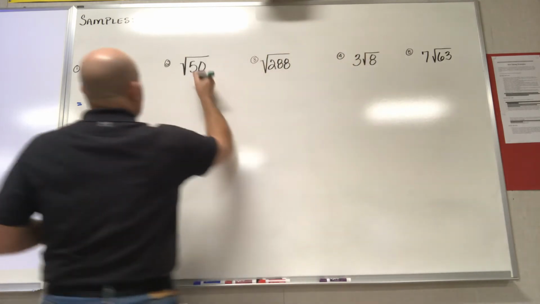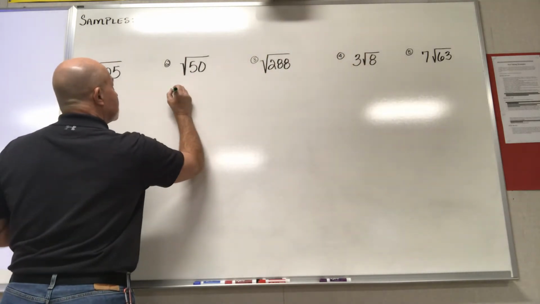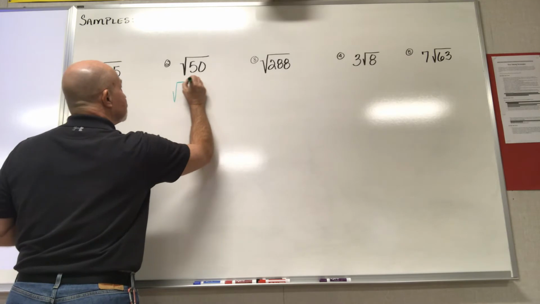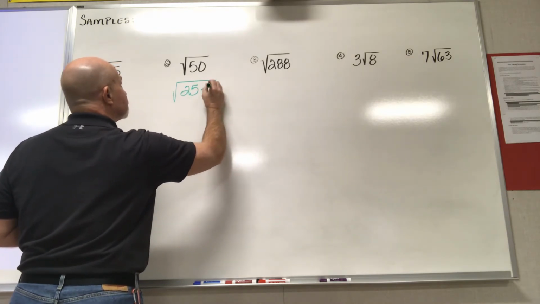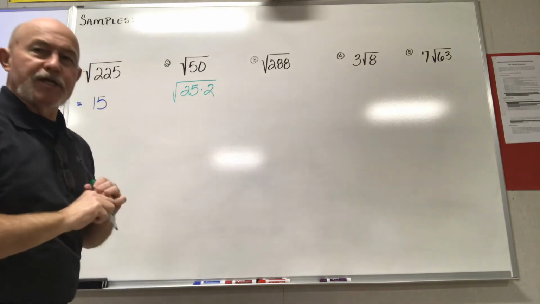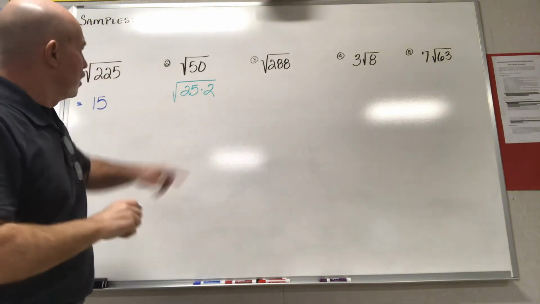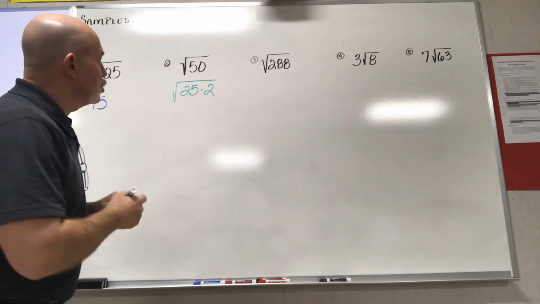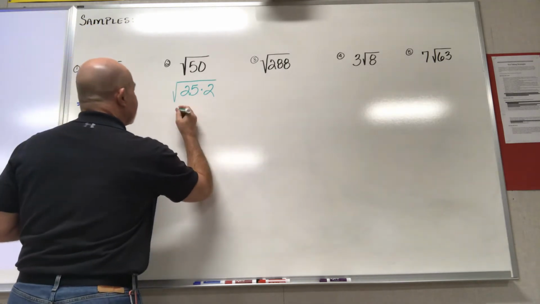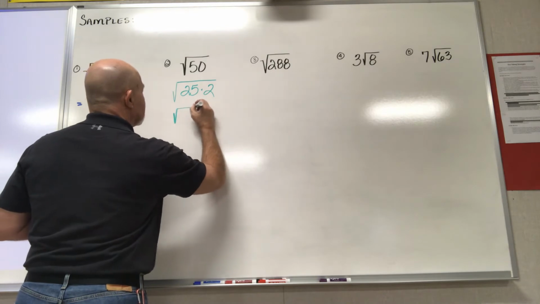Watch. The square root of 50 can be written as 25 times 2. 25 is a perfect square. The square root of 25, sometimes people see this differently.